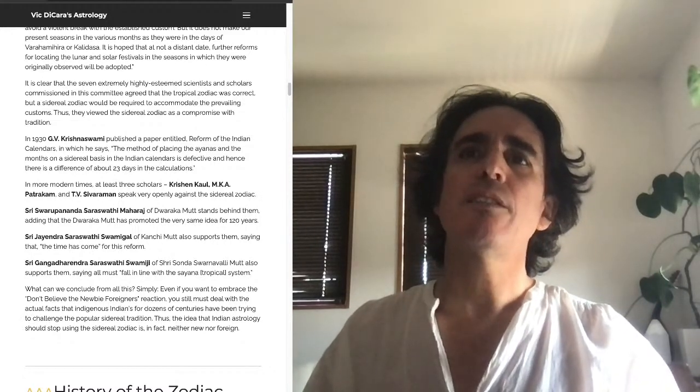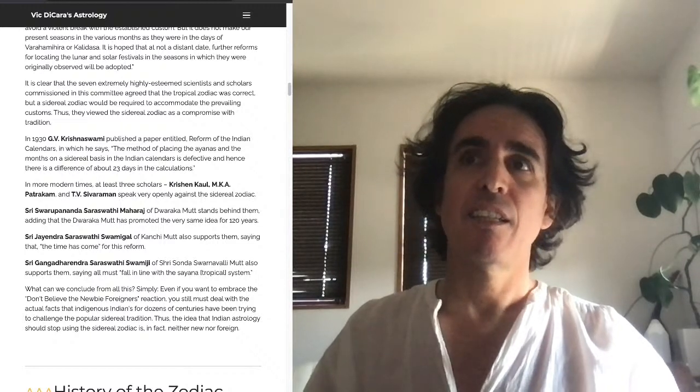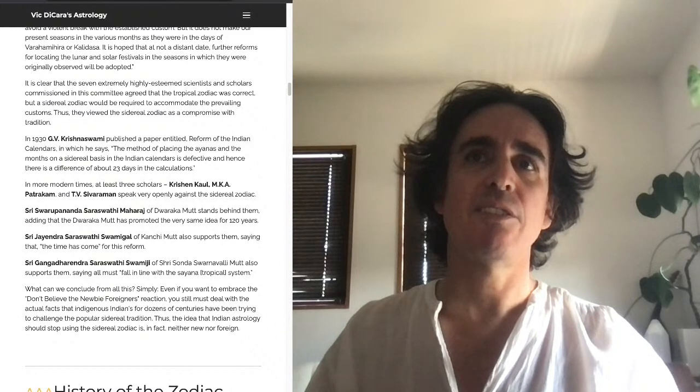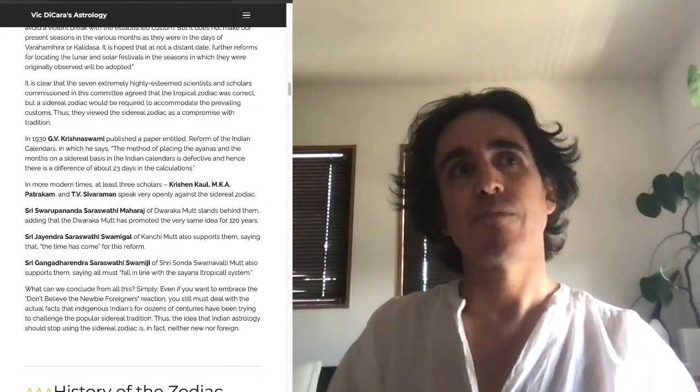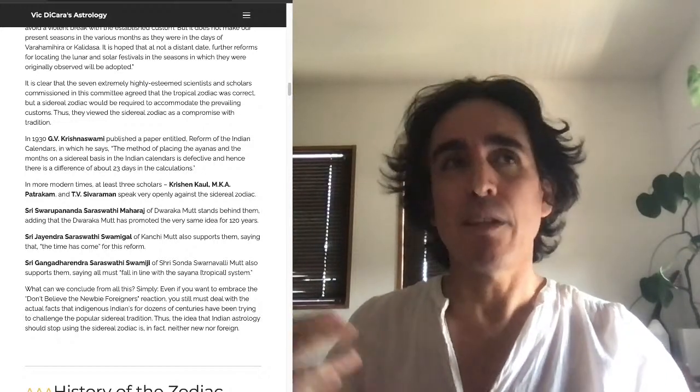Sri Swarupananda Saraswati Maharaj of Dwarka Mutt stands behind these 3 scholars, adding that the Dwarka Mutt has promoted the very same idea for 120 years. 120 years is not a newbie thing. Nor is the Dwarka Mutt something foreign.